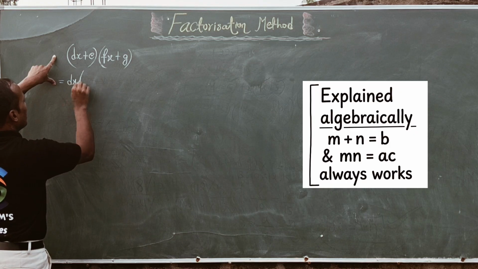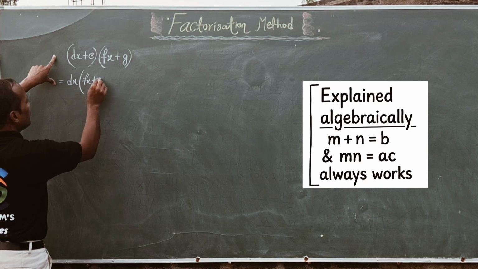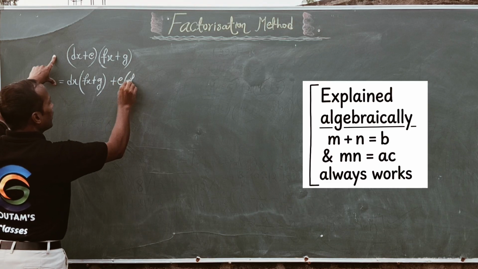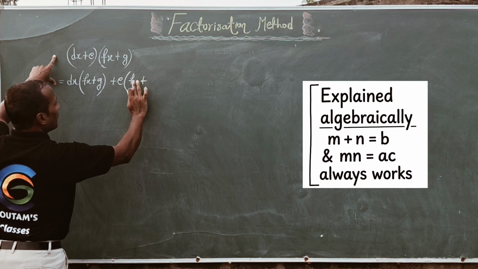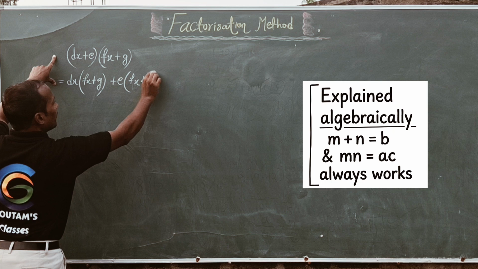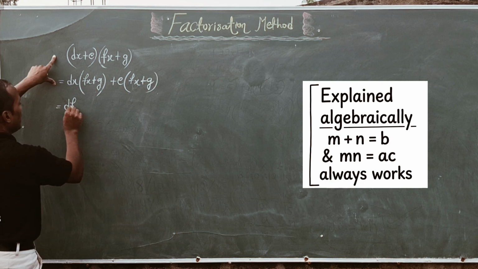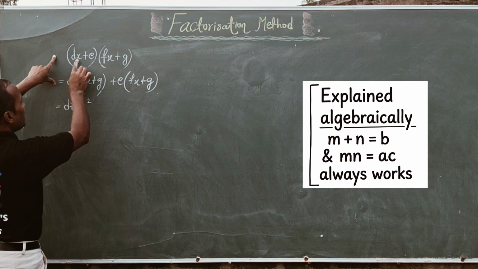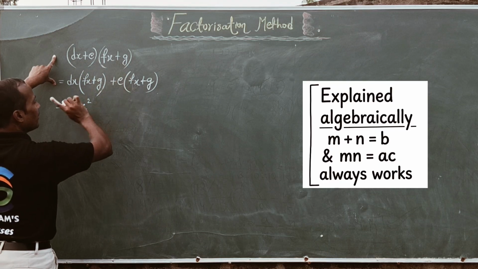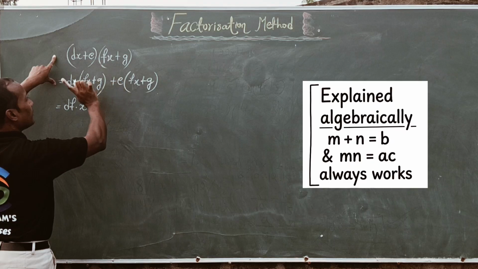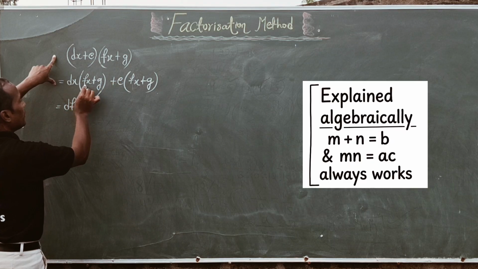Here, dx will get multiplied with fx plus g, plus e also will get multiplied with fx plus g. Now, by the distributive property, dx into fx gives you df x square. Here, d, e, f, g are numbers. x is the variable.